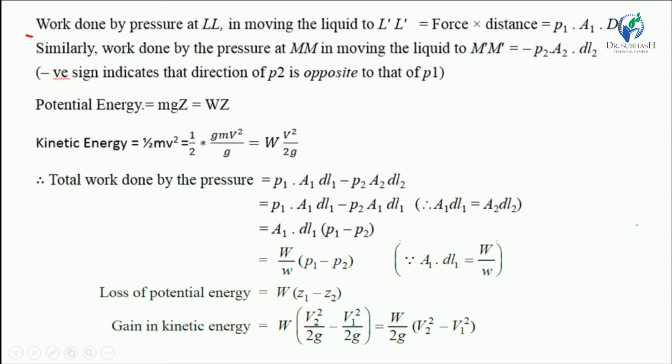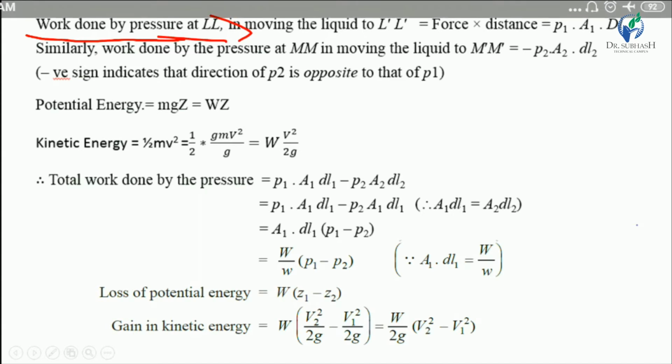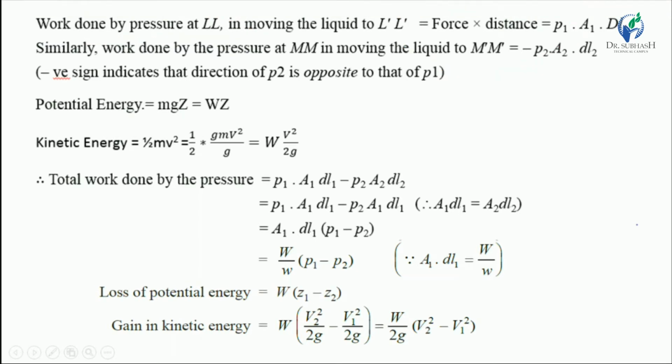Now the work done by pressure to move the liquid from L to LL dash. We know work done is equal to force into distance. So the force is the pressure force, equal to pressure into area: P1 and A1, and the distance is small dL1.